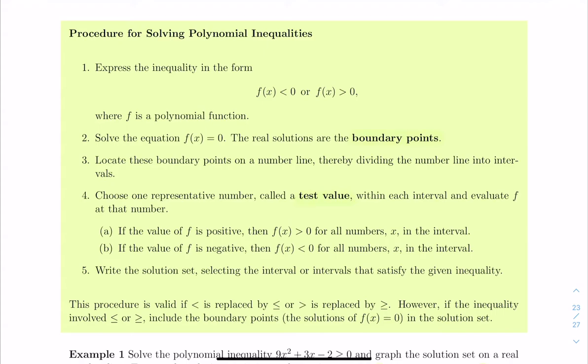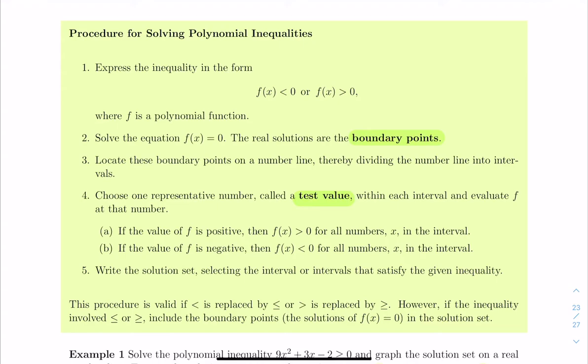Then you want to solve the equation f of x equals 0. These real solutions are going to be your boundary points. We're going to locate these boundary points on a number line, thereby dividing the number line into intervals. We're going to choose one representative number, called a test value, within each interval and evaluate f at that number.